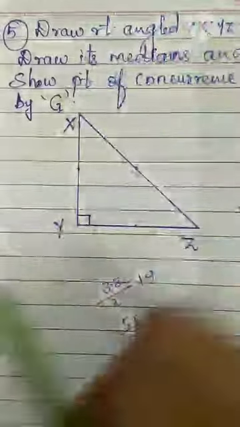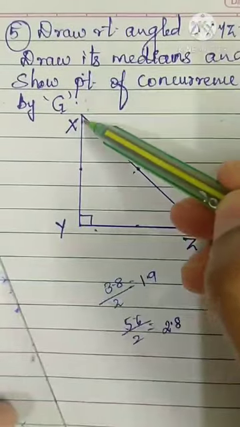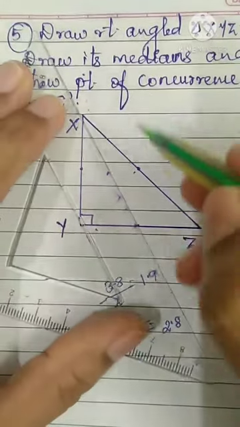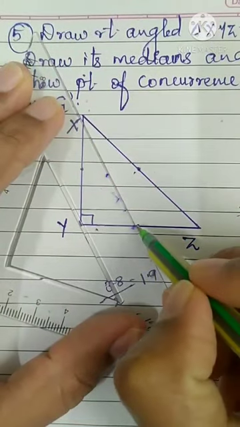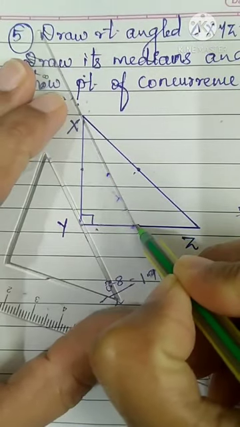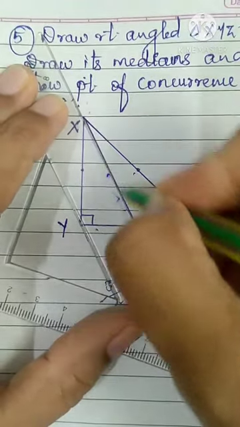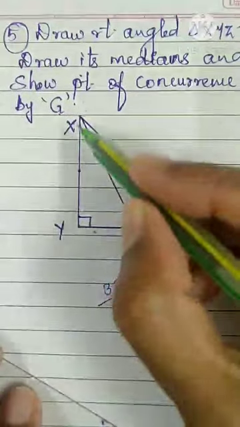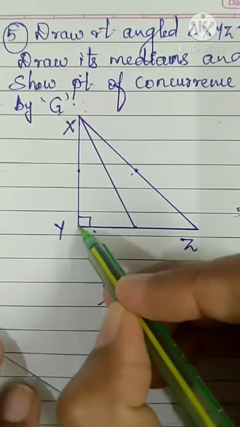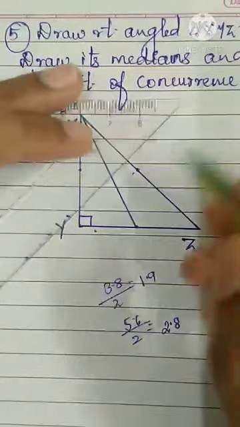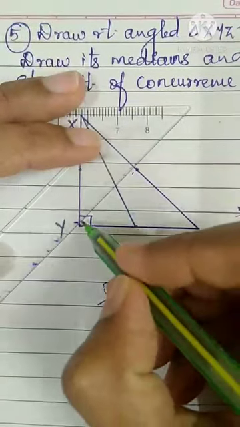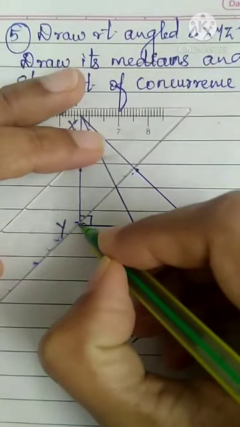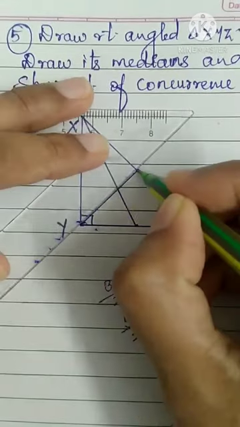Now let us get the median from X to the midpoint of the opposite side. That is X to this point. Now from the next vertex Y to the midpoint of the opposite side, Y to this point.